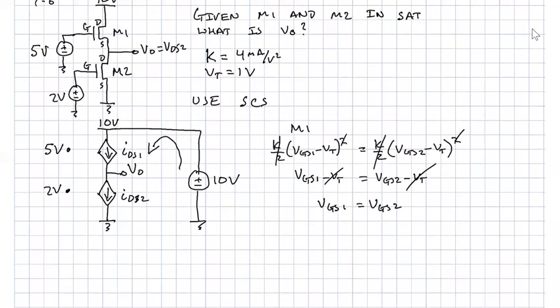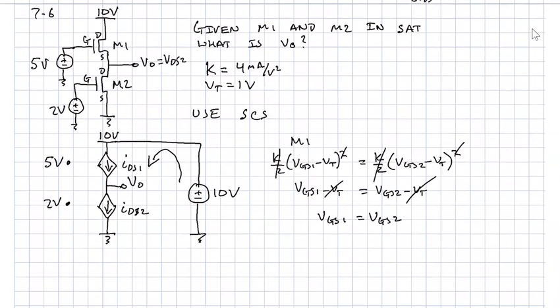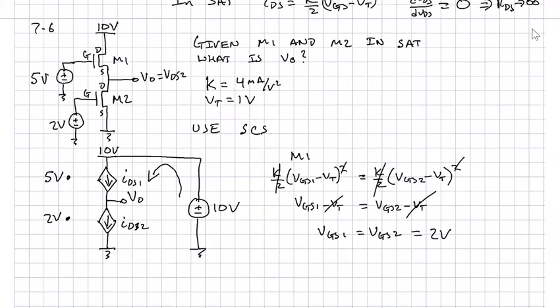And so then we could just say, all right, straightforwardly, we know what the gate source voltage is for M2. We know that the gate is biased at 2 volts and the source is held at ground. So VGS2 is 2 volts. So now we know that VGS1 is 2 volts. We don't know what VS1 is, but we know that VG1 is at 5 volts.